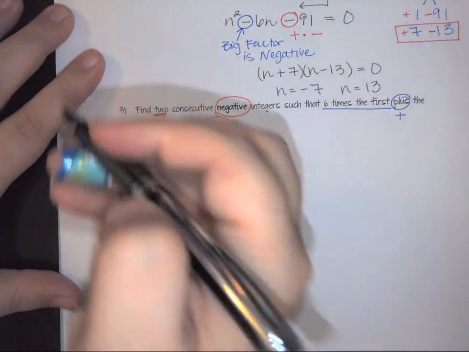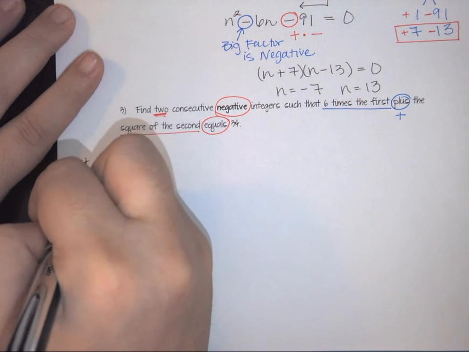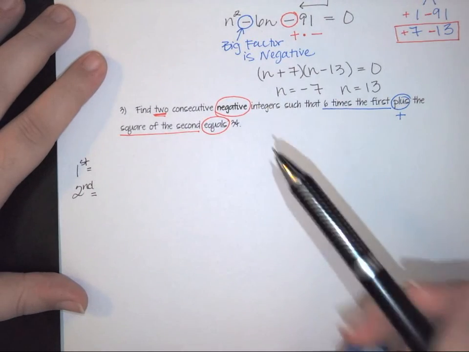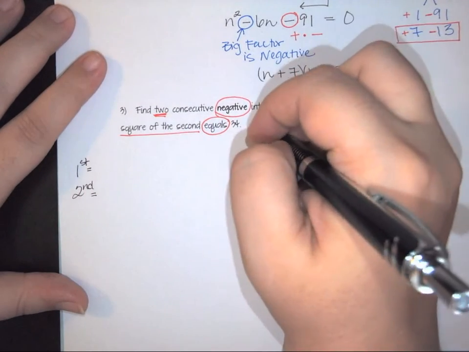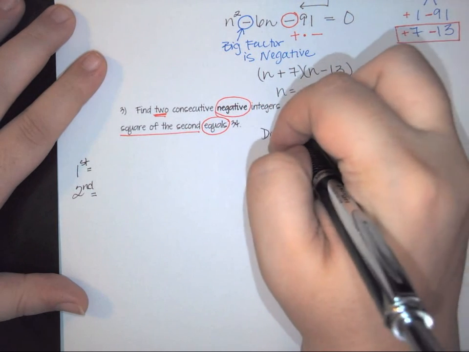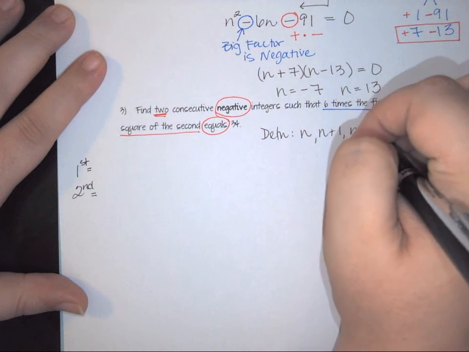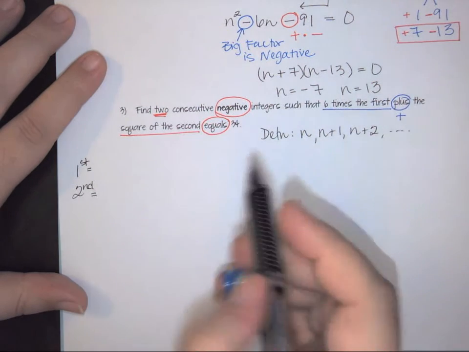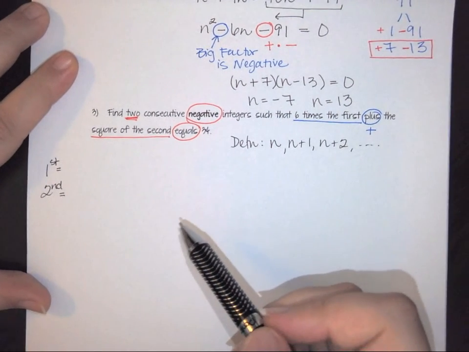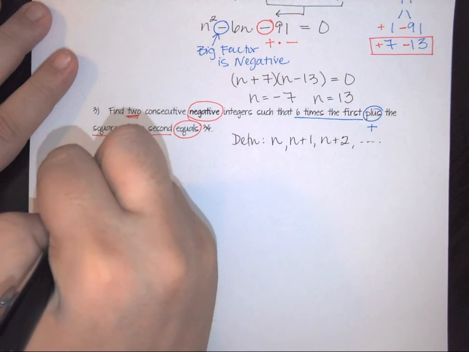So again, if I'm looking at it, I'm going to have a first and I'm going to have a second. And here I want consecutive negatives. So that still means that the definition we're going to follow is n plus 1, n plus 2, etc. Because I'm not talking about even or odd, I'm just talking about negative. So here my first term is going to be n, my second is the n plus 1.